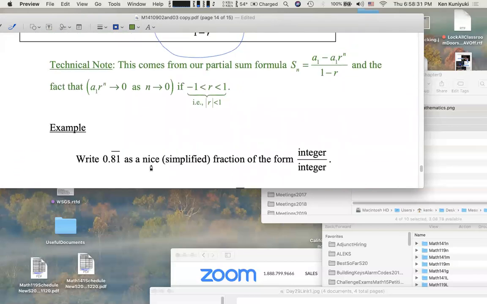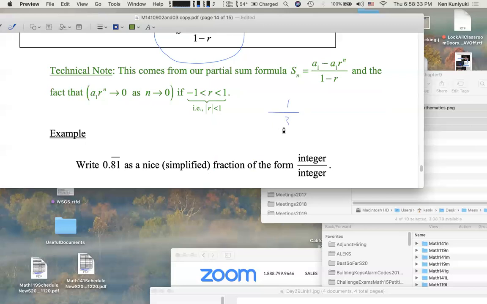Cool example. Before, if I told you to write 1/3 as a decimal, what would you say? It's 0.3, right? Or in other words, 0.3 bar, which indicates repetition. That's a repeating bar or vinculum. That's in grade school.